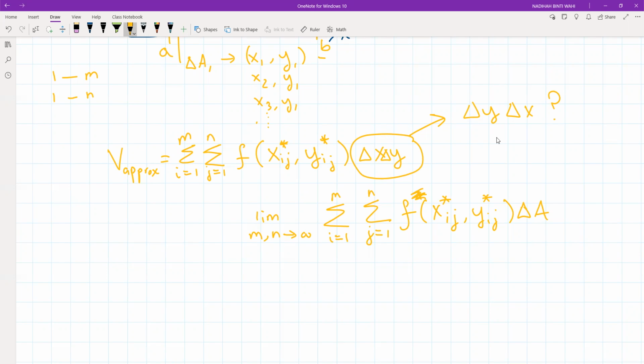But in most cases there is no problem. That's why I put delta A, because you can interchange that. So this is the definition of the double integral in region R, f of x, y, dA.